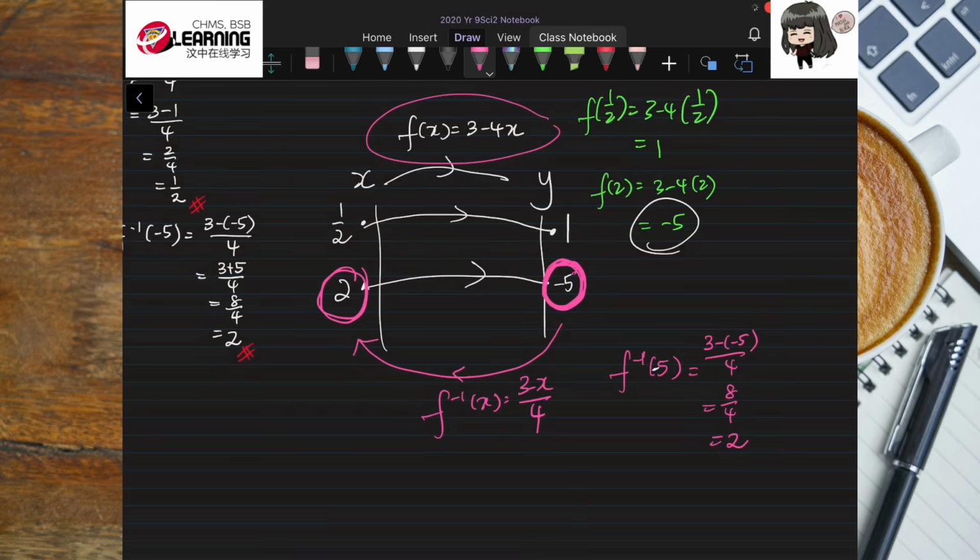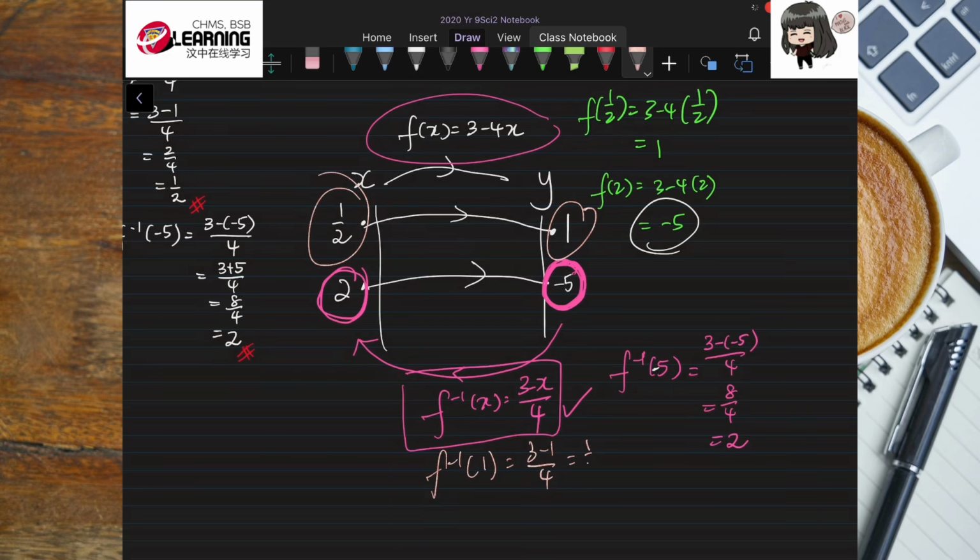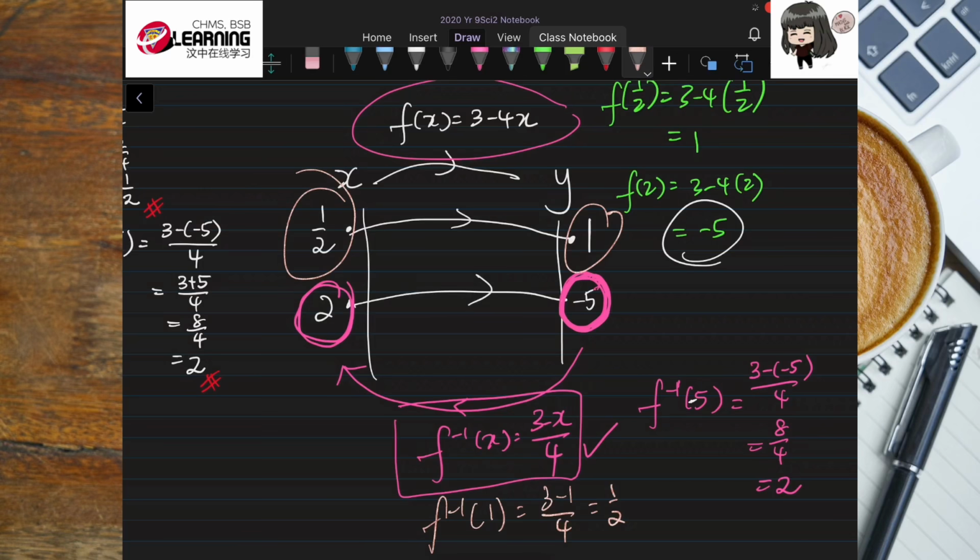Which means the inverse function here, the rule, the expression here is correct. You can try to sub in 1 into the f inverse. When you sub in 1, you'll get back half. You see, your output becomes your input.